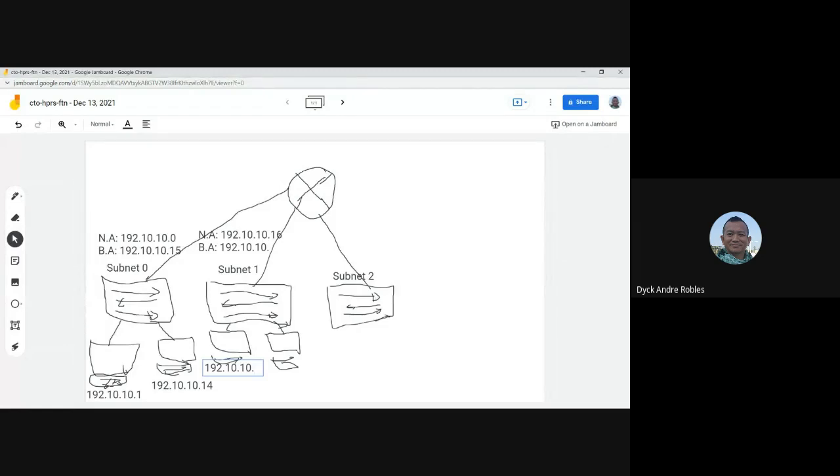What is the next number after 16? 17. Of course, use logic. The purpose of this activity is for you to understand the logic behind this illustration. 17.